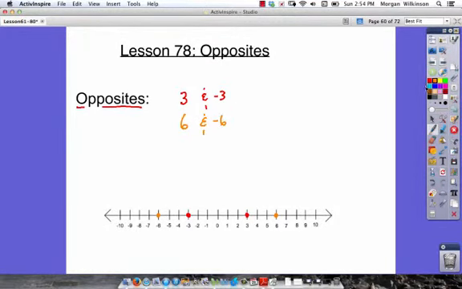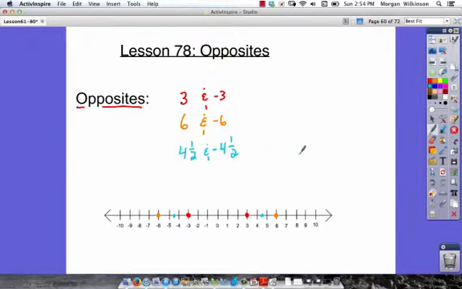They're opposites as well. If we looked at halves, we could say 4.5, well, that's the opposite of negative 4.5. So whenever we have opposites, the only thing we're doing is changing the sign of the number.